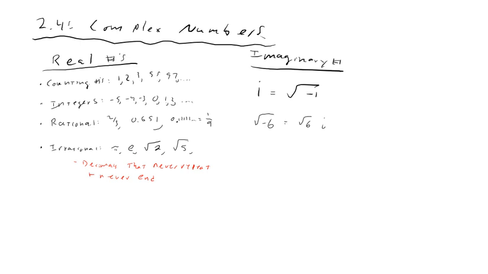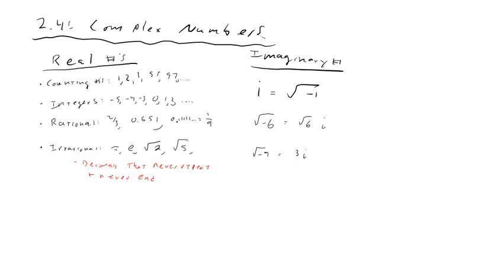So imaginary numbers work kind of like you take the negative out of the problem, and it becomes an imaginary. Or if you have the square root of -9, that's going to become 3i. The square root of 9 is 3, and the negative under the square root becomes the i.